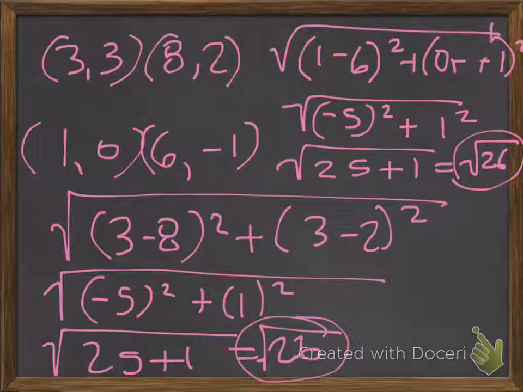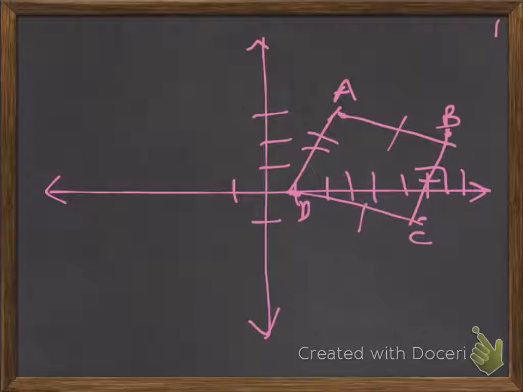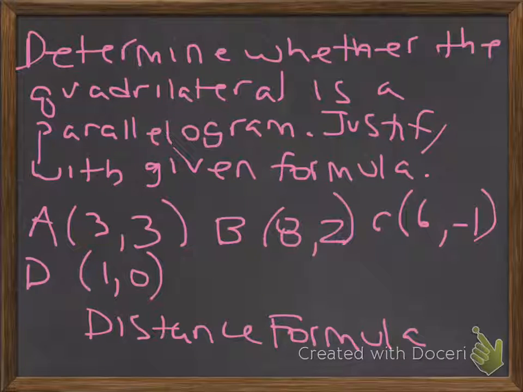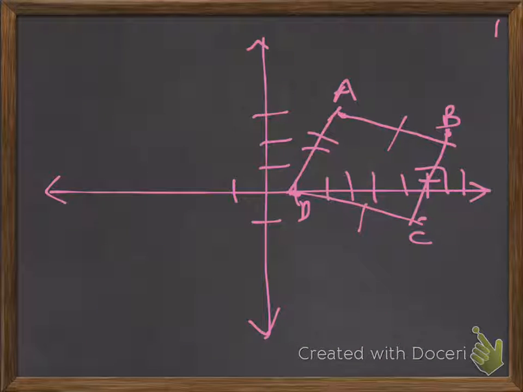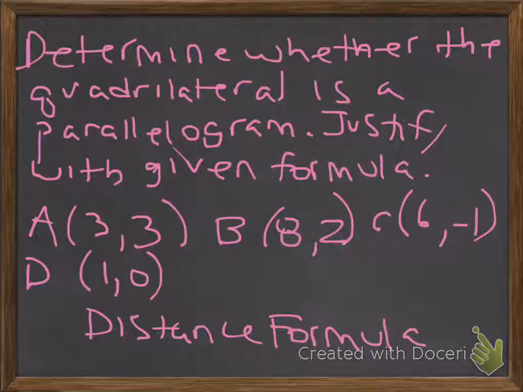So we've proven that AB and DC are congruent. Then we're going to prove that AD and BC are congruent. So 3, 3, 1, 0.